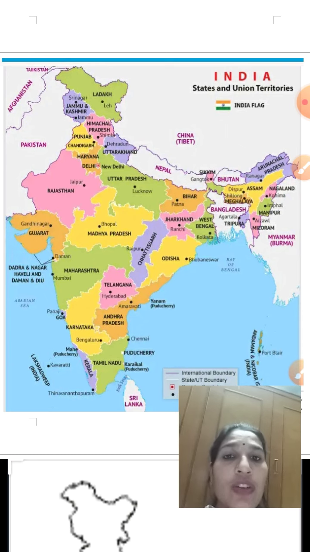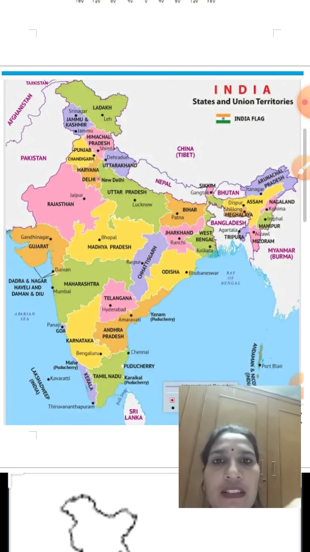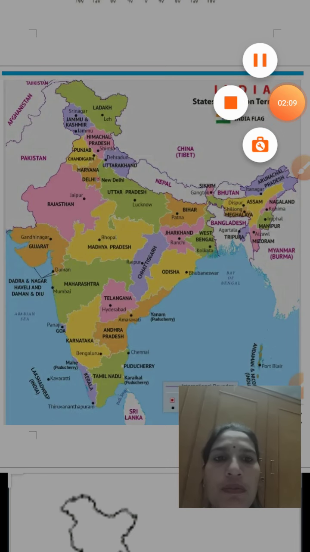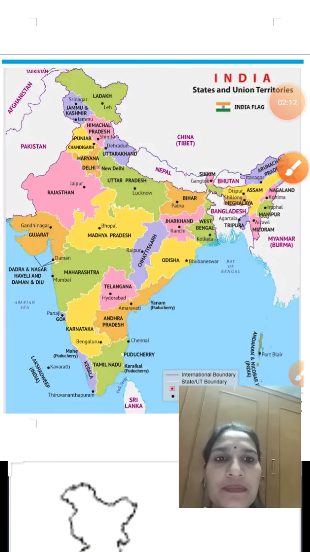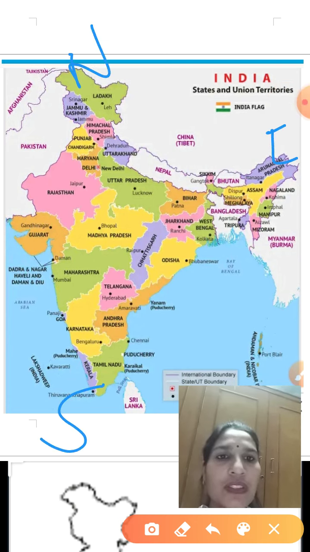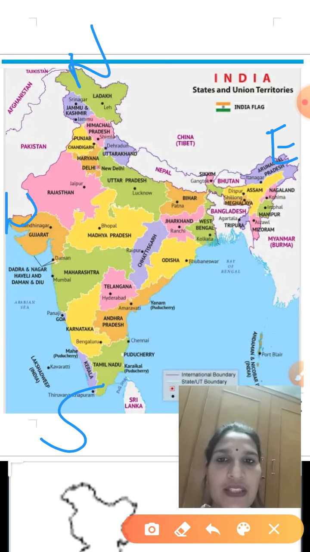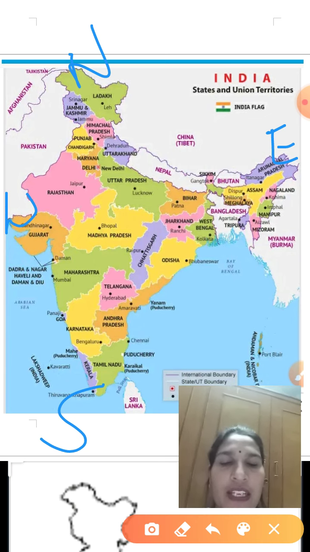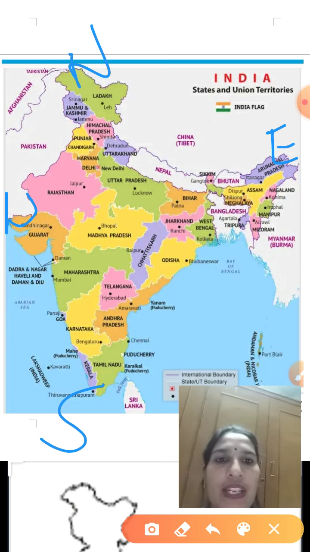Because these are old printed books, in your books it is mentioned that the north to south extension of India is from Jammu Kashmir to Kanyakumari, but now it is from Ladakh.